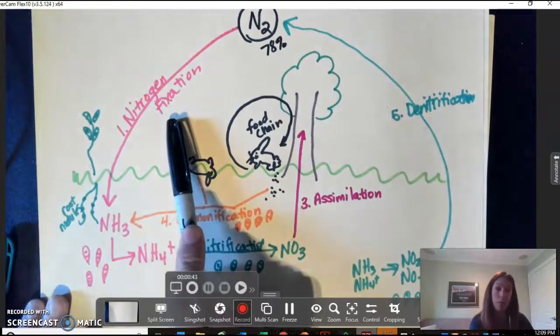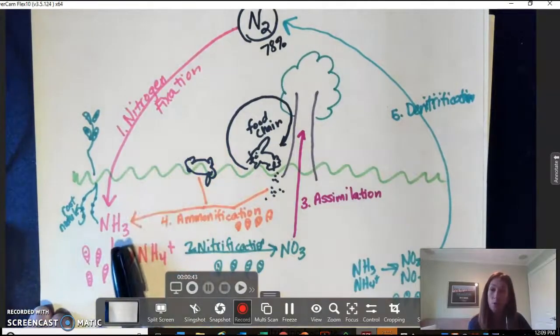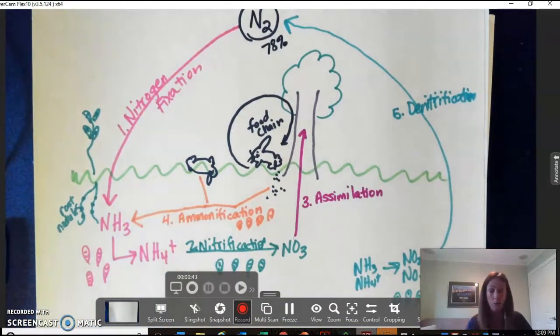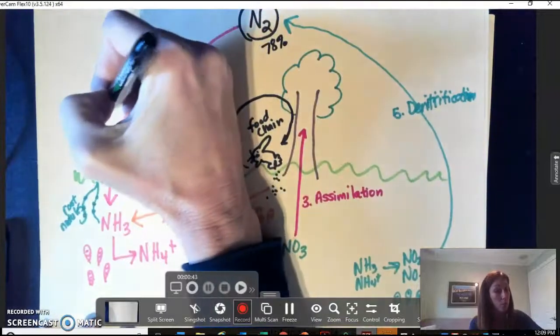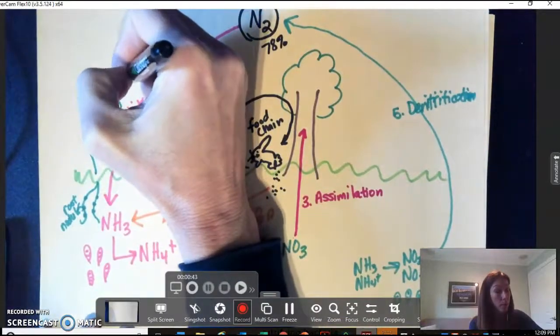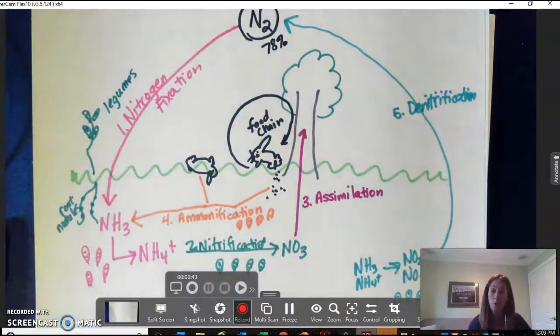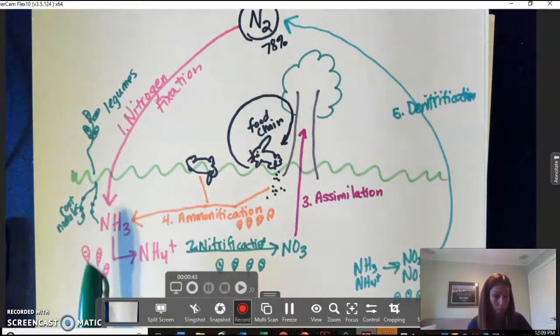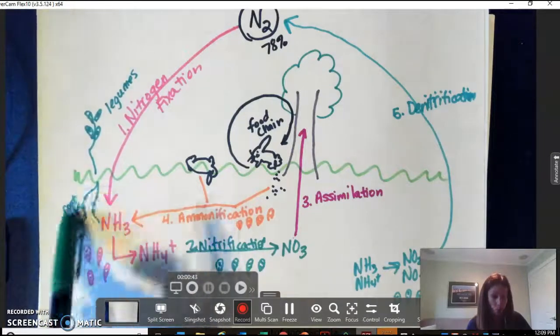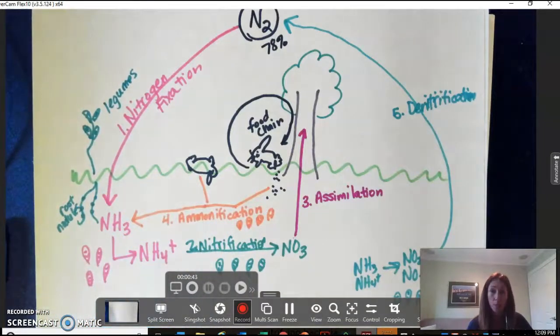And nitrogen fixation takes that N2 and converts it to ammonia. Now this can be done by free bacteria in the soils, but on the root nodules of legumes, our bean plants, you have these root nodules that have high concentrations of this nitrogen-fixing bacteria. So they can greatly increase the amount of usable nitrogen at the roots of those plants.